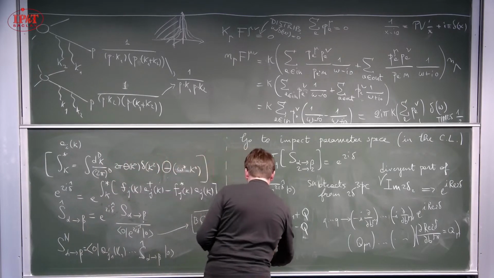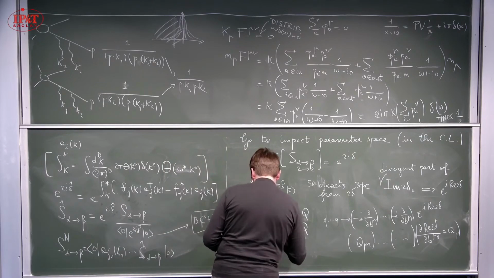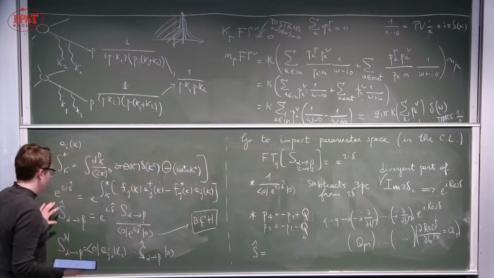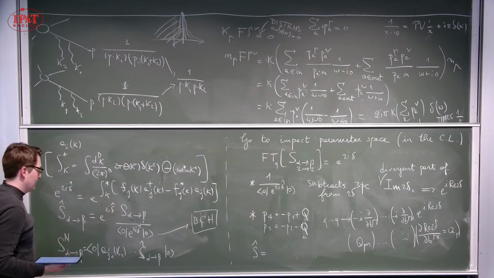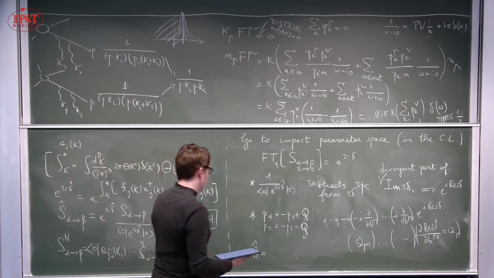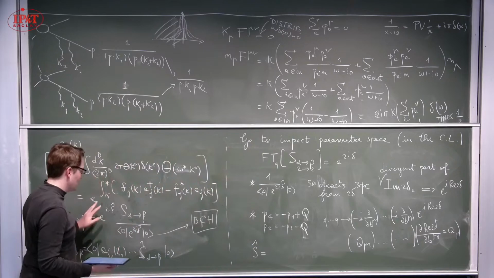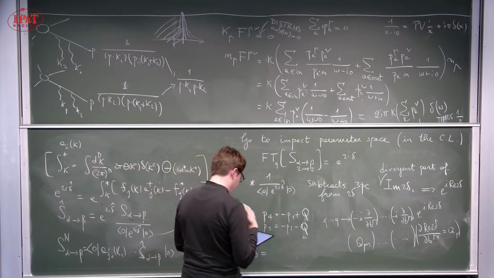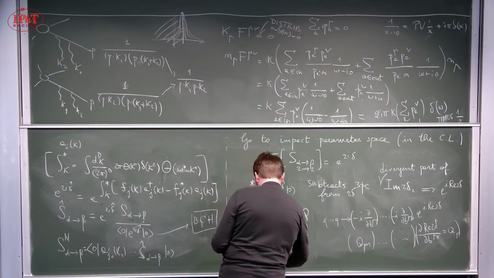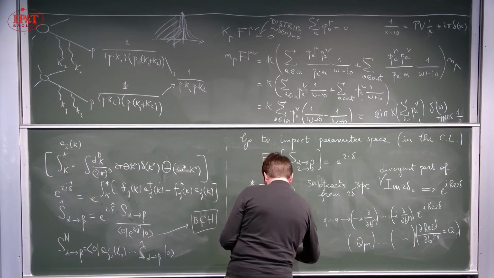So you can write an effective Eichmann operator that provides you with the Fourier transform of this 2 to n element with n graviton emissions, but increasingly many so, as follows.